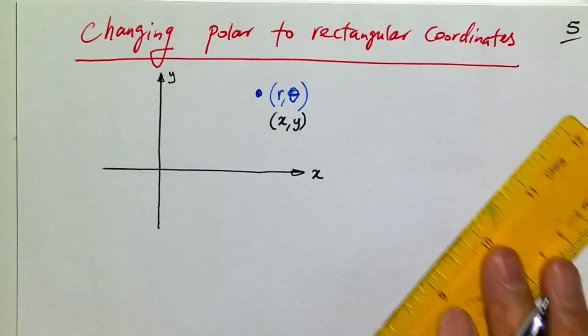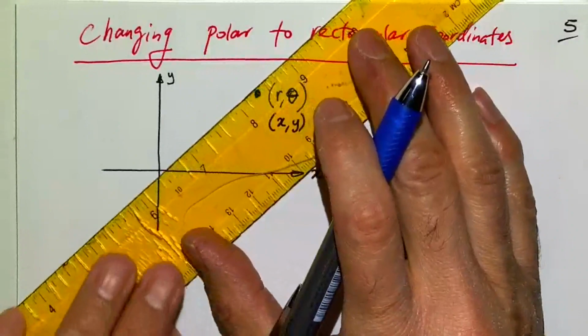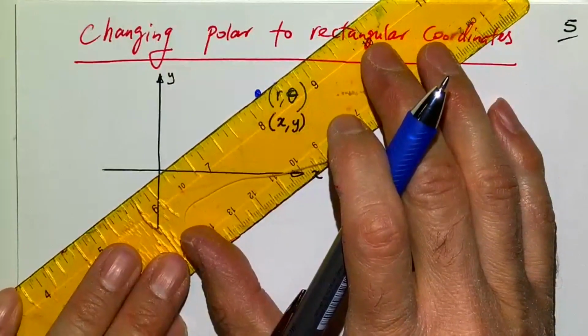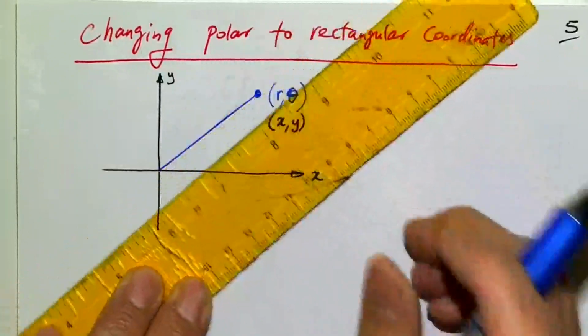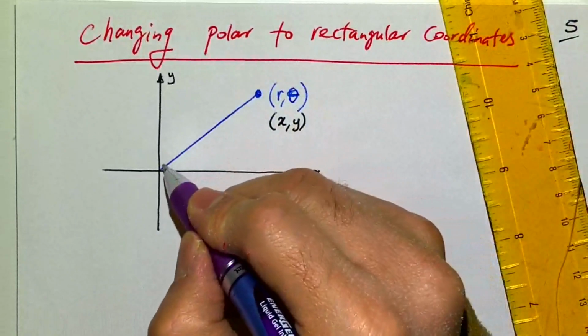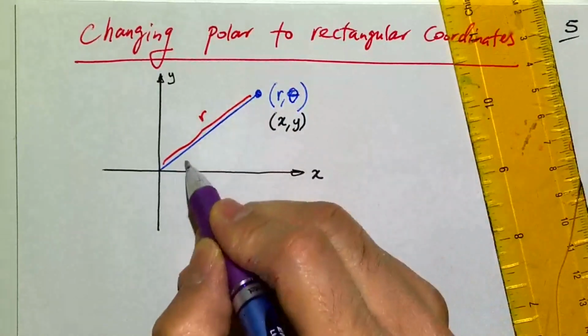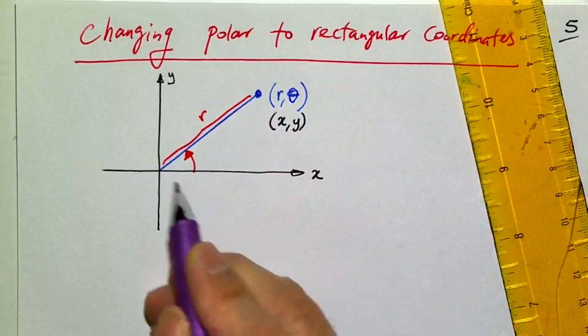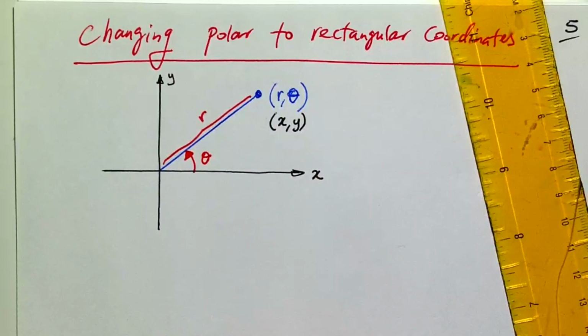I want to draw a line from the pole or the origin to that point, and that is of course r. This angle from the positive x-axis to the terminal side is theta.